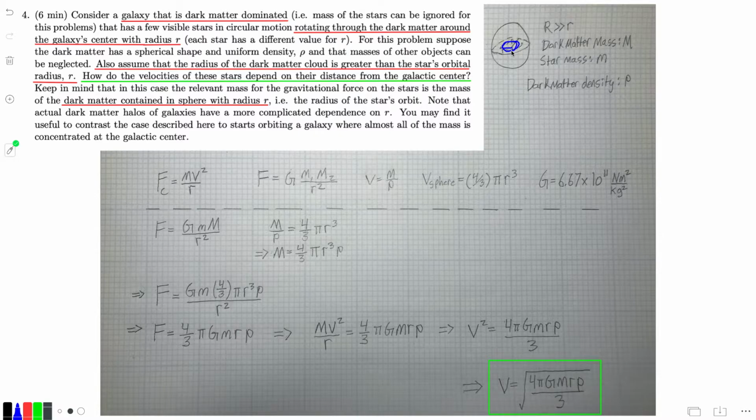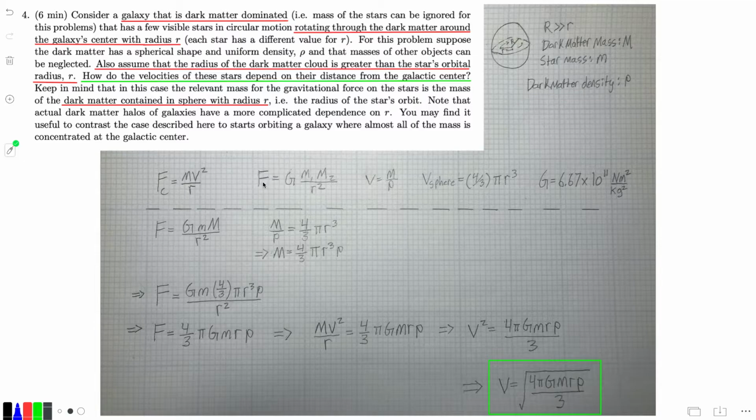And this big R delineates the radius of the dark matter sphere. So this is saying that the radius of the dark matter sphere is much greater, and this small mass m should actually be the galaxy mass. But we also have our dark matter density here, rho.